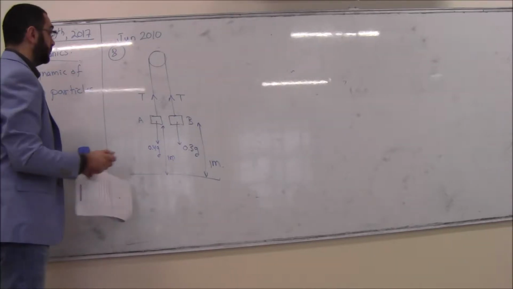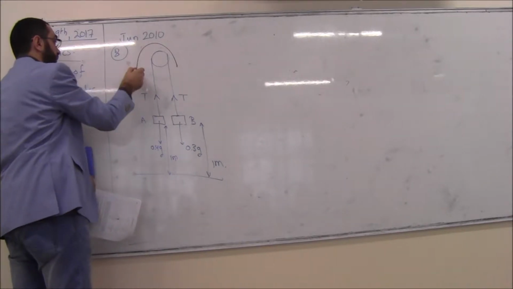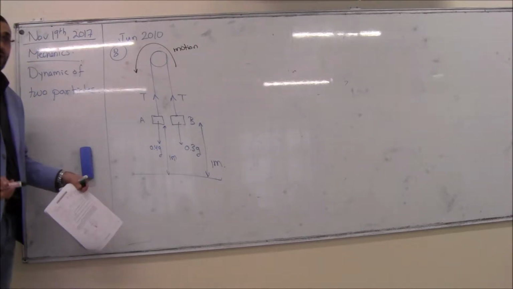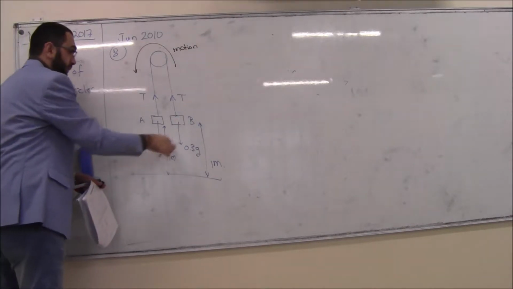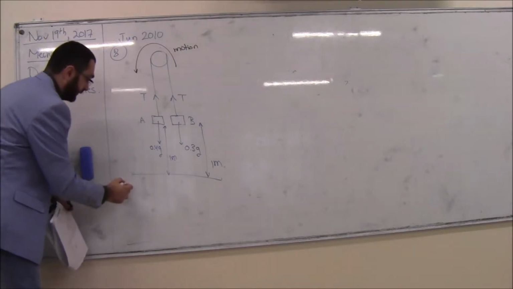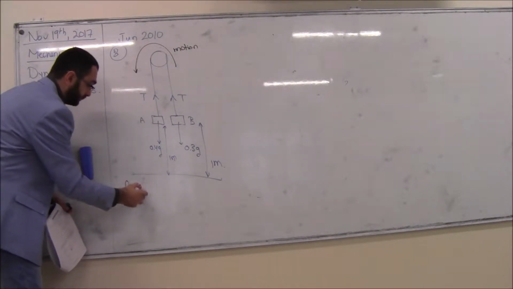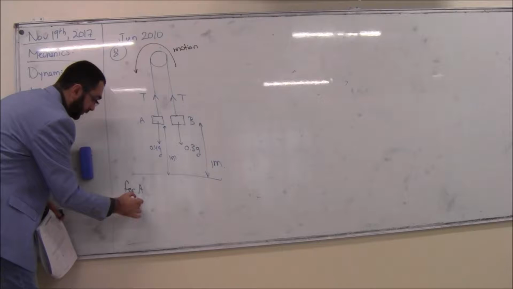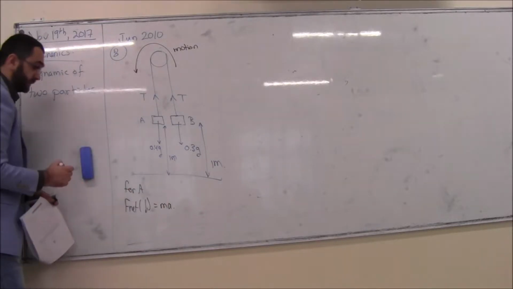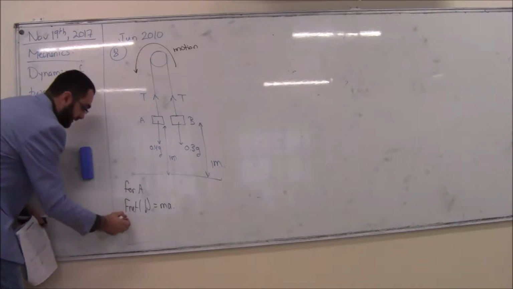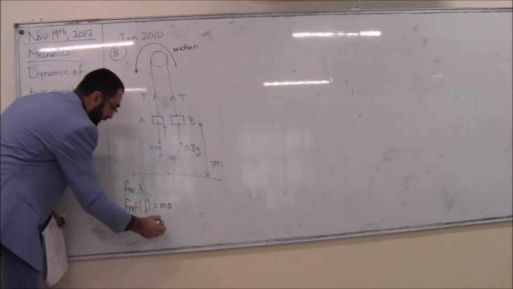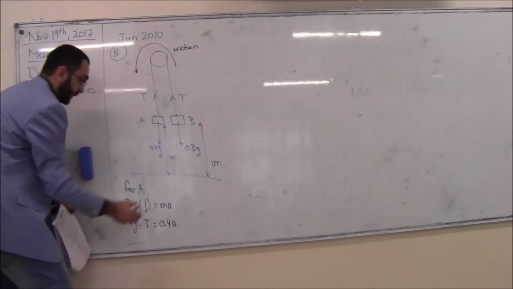Directly, the motion will be in this way. This is the direction of motion. It's given in the question, and also because 0.4 g is more than 0.3 g. So for A, net force downward equals ma: 0.4 g minus T equals 0.4 a.